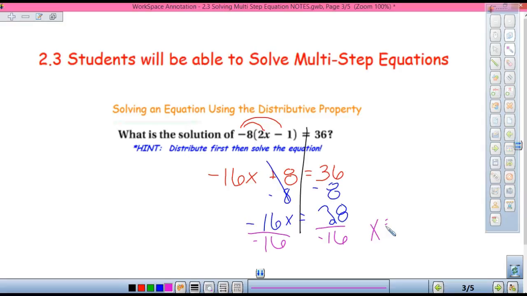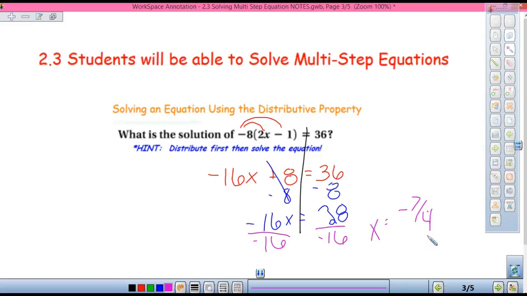What did it give you? Negative 7/4. If you have a little calculator, okay, go 28, fraction key, negative 16, and hit enter.